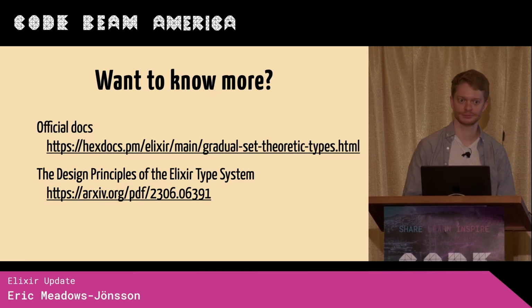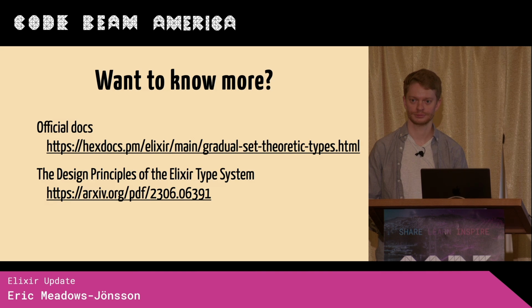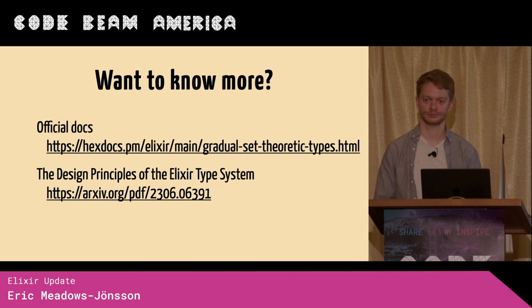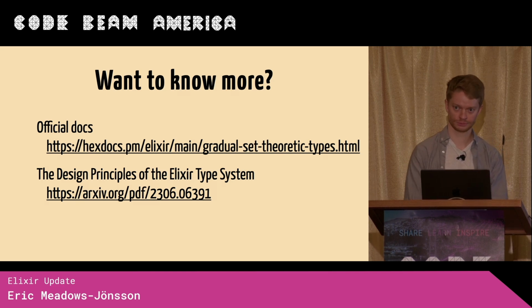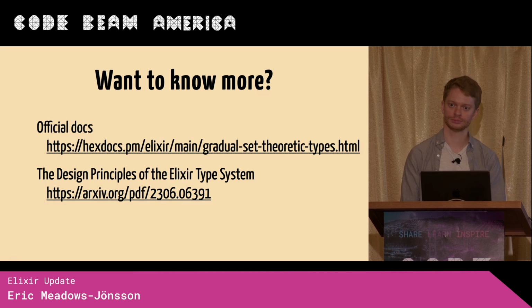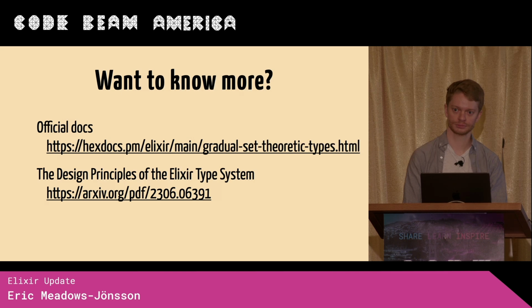Any other questions? I have a question. If I have a function argument that I'm pattern matching into an empty struct because I'm trying to get some runtime confidence that the argument is the proper struct, will the type inference system get value out of that in the short term or the long term?